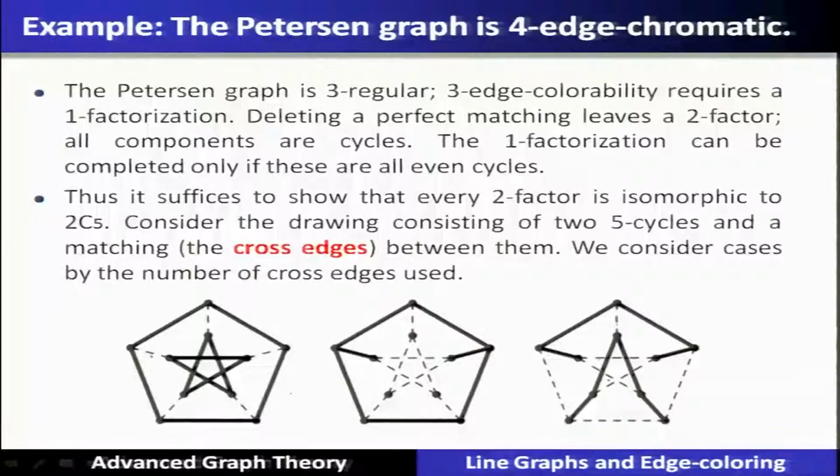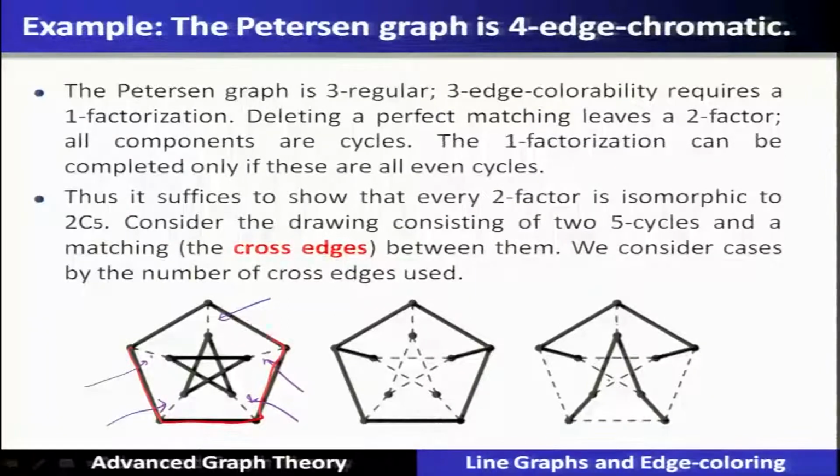The Peterson graph is 3 regular, and 3 edge colorability requires a 1 factorization. Deleting a perfect matching leaves a 2 factor. All components are cycles. Here we can see that if we delete this perfect matching, we will obtain 2 different cycles.